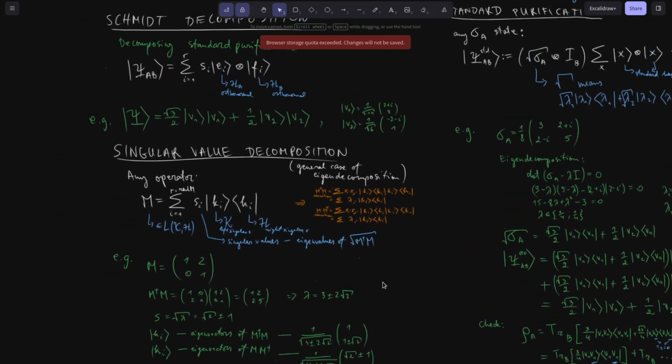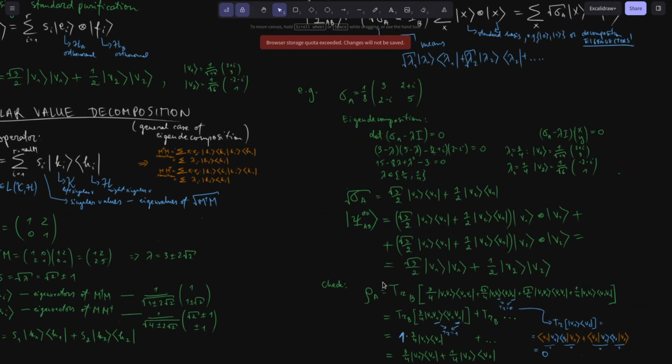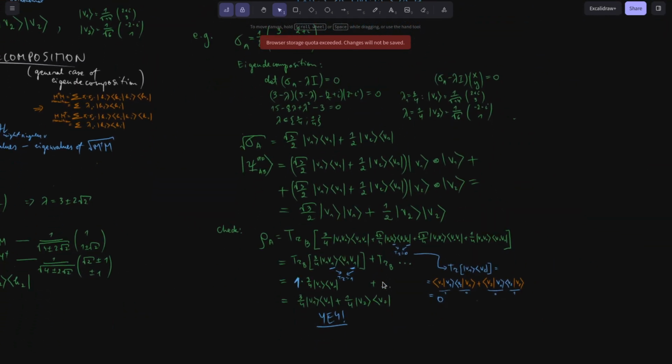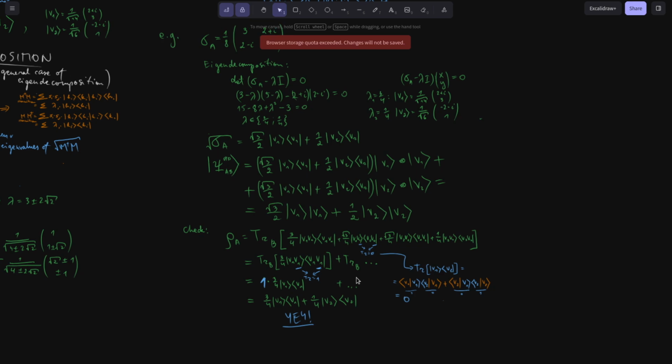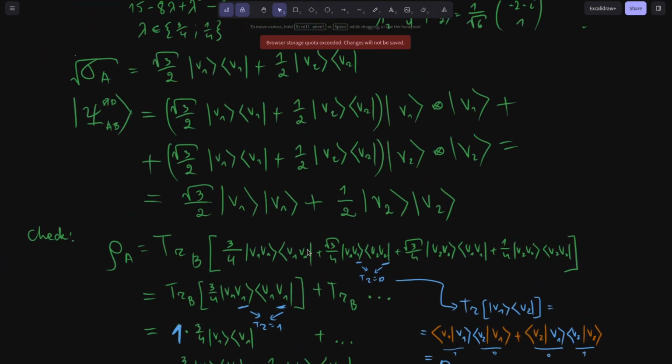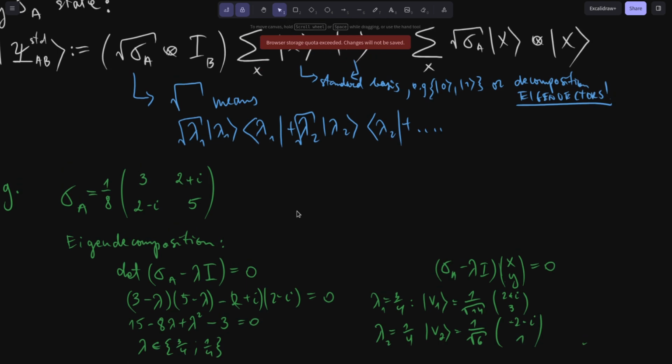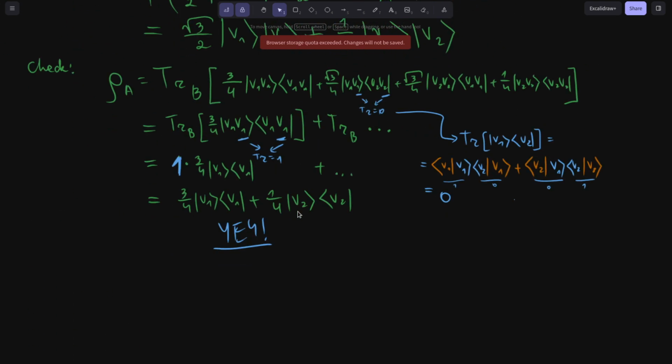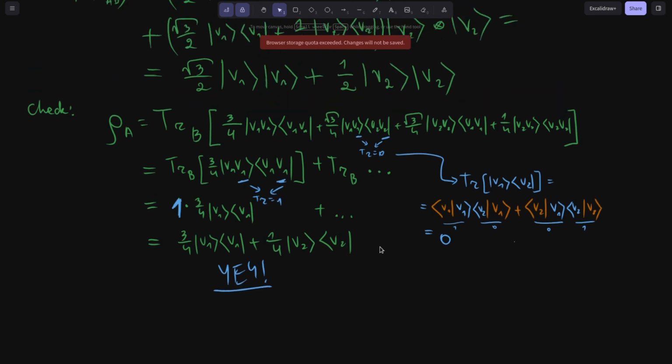We can have some kind of mixed state. We can have any state and just do partial trace. So we reduce, right? We can reduce from composite system to one system, and we can do the opposite.